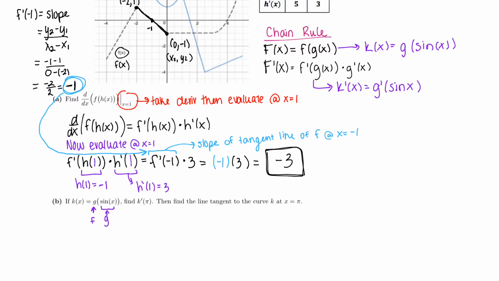Maybe I can color code this a little better. I think that would make it a little easier to do. g is the same thing as f in this case. And then sine x is the same thing as g of x.